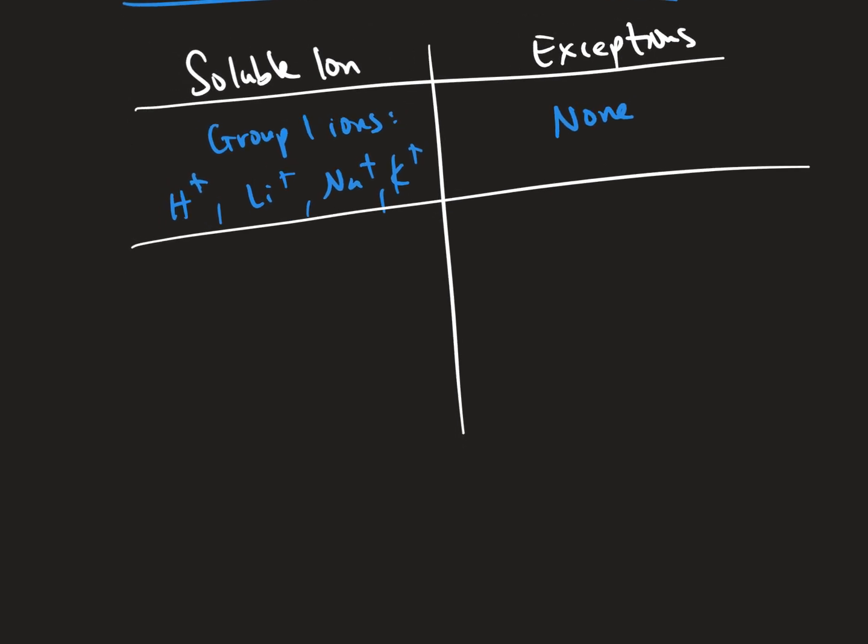Next one are a few polyatomic ions, not all of them. We have ammonium, NH4+. We have nitrate, NO3-. We have acetate, C2H3O2-.